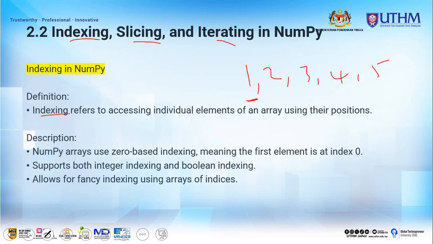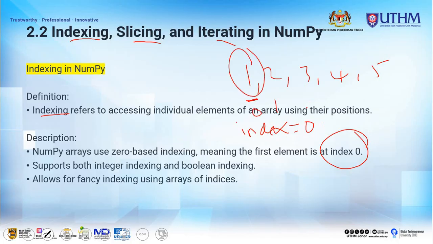And remember, in programming, C++ or Java, even in Python, the first index always starts with 0. Can you see? So when the index equals 0, the value will be 1. So this is 0, 1, 2, 3, 4.